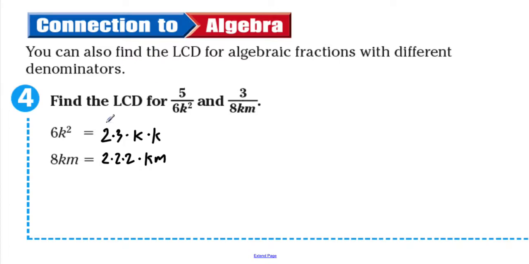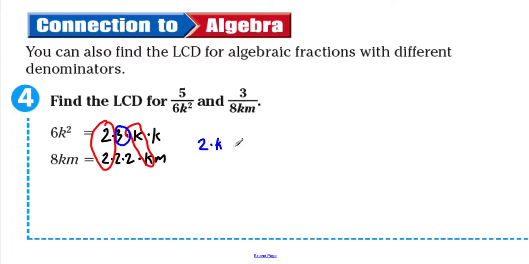It's like before, we circle our common factors. So if you notice, if I simply bring down 2 and k, I can find my GCF, which is 2k. And since we're not looking for the GCF, we go one step further. Okay, we get our 2, write it down here. We get our k, right down there, the ones I've circled.